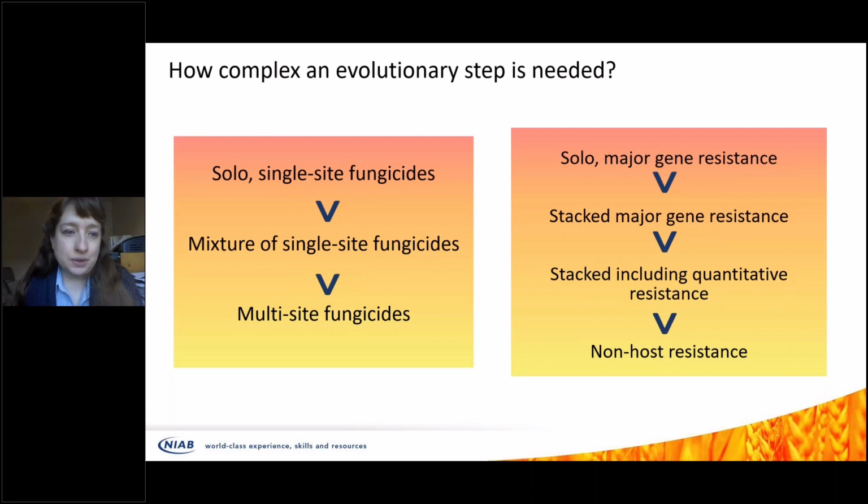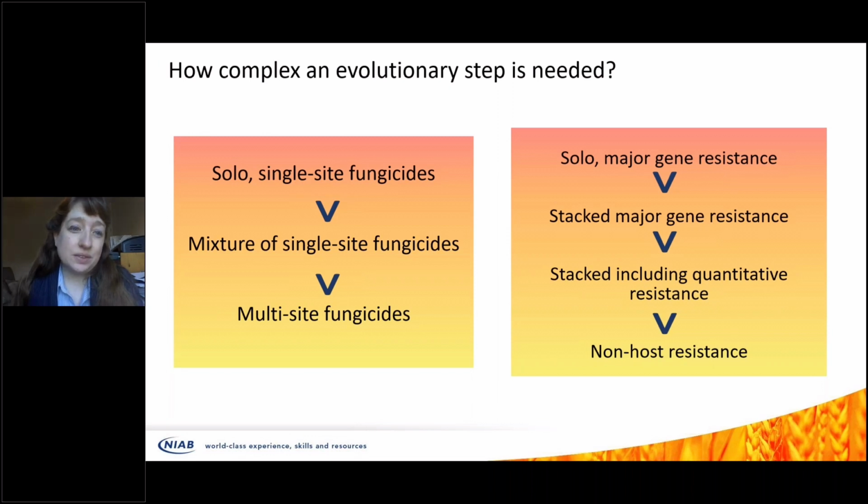For the strobilurins, that would just be one single mutation to go from sensitive to very resistant. For the azoles and the SDHIs, it's slightly more complex, so one mutation might give a partial shift, but then once a few mutations accumulate, you have higher levels of resistance.